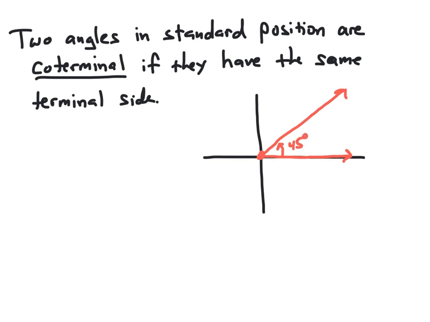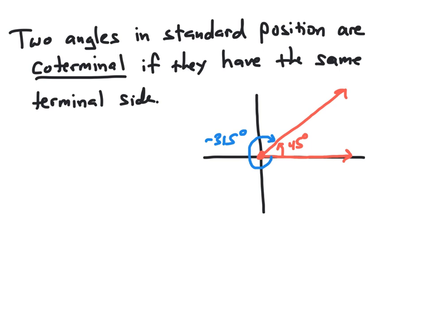We can look at another angle with the same initial and terminal sides by starting with this initial side on the positive x-axis and rotating it around clockwise until we hit the same y equal x line. If we did this in degrees, this angle would be negative 315 degrees. It's negative because the rotation is clockwise, and it's 315 degrees because that is the amount of rotation needed to get to the line y equal x.